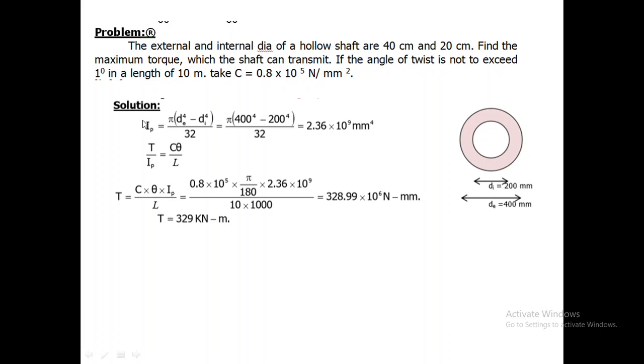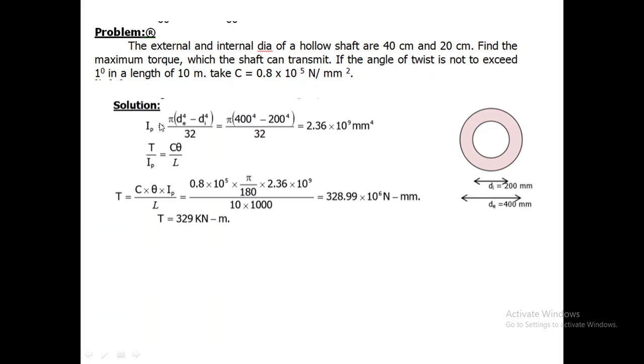Here the polar moment of inertia J, which is taken as IP or J with respect to the torsion equation. As we saw in the previous case, J for the hollow shaft is pi times (d to the power 4 minus internal diameter to the power 4) by 32.